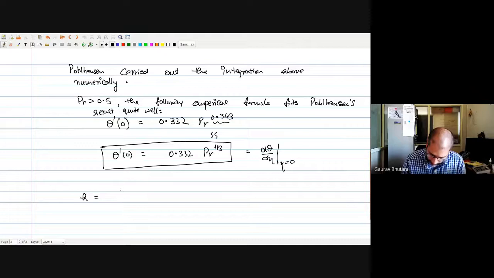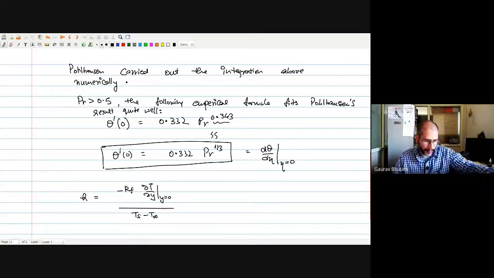The heat transfer coefficient was minus kf del T by del Y at Y equals 0, divided by Ts minus T infinity. So this is the definition of h from Newton's law of cooling, when we balance the conduction and the convection.